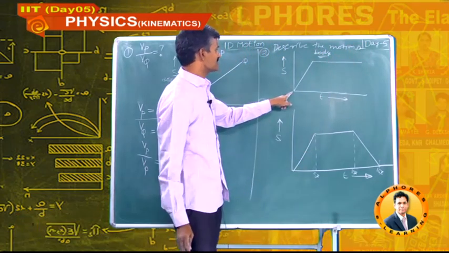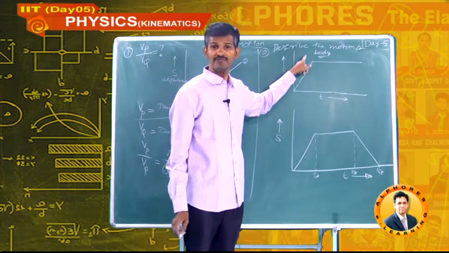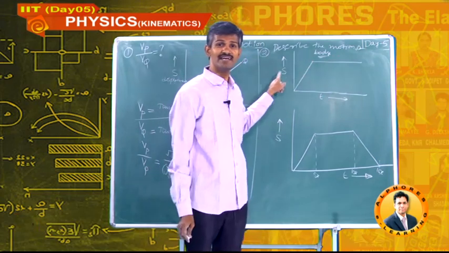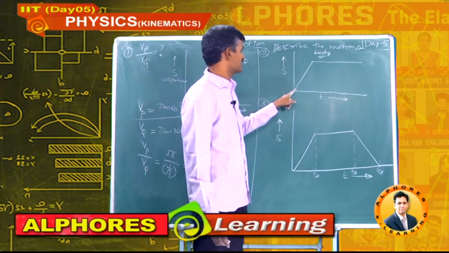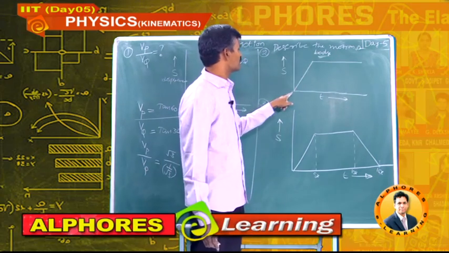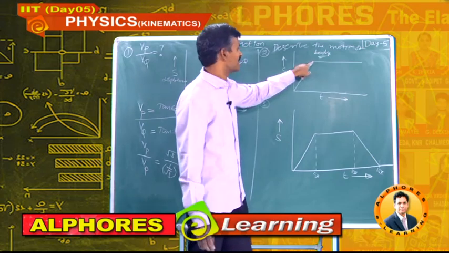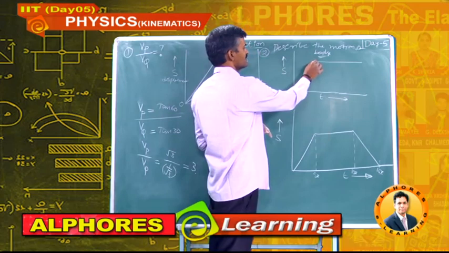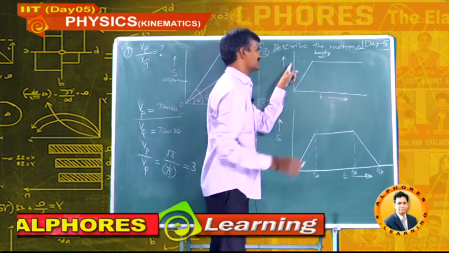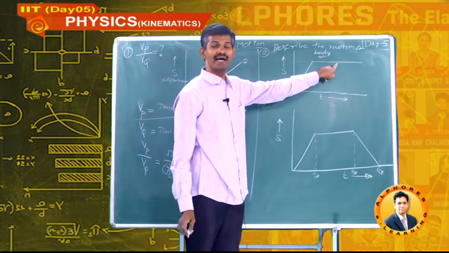Actually, this body starts with a uniform velocity. Why? Because the displacement time graph is a straight line passing through the origin, as we already discussed. So, it is a body moving with a uniform velocity. After a particular time, its displacement does not change, which means the body will be at rest.